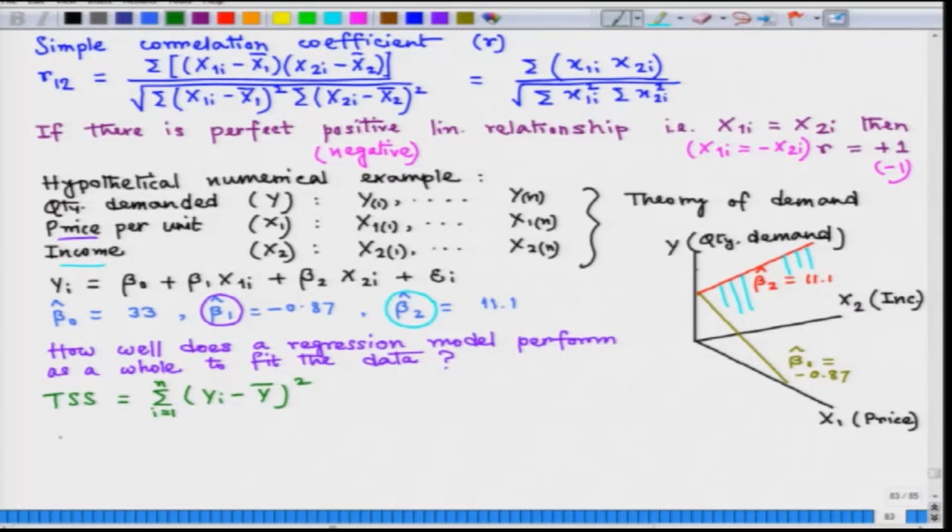Okay. Now, we have seen earlier that this can be broken down into two components.